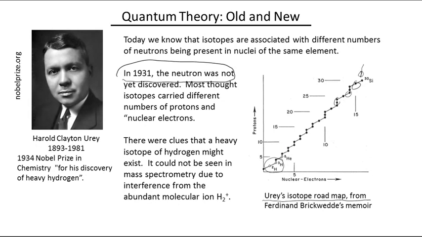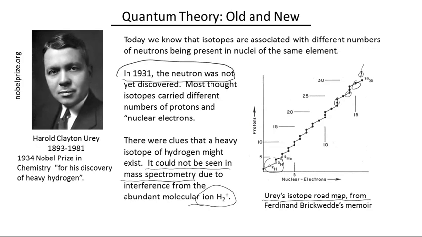I should mention that at the time, virtually all of the isotopes that had been discovered by mass spectrometry, in which you put particles through a combination of crossed magnetic and electric fields and find a deflection that is dependent upon the charge to mass ratio.